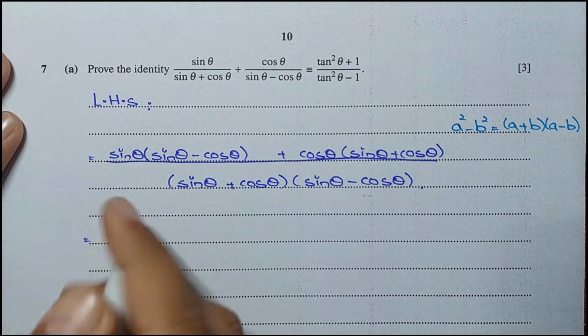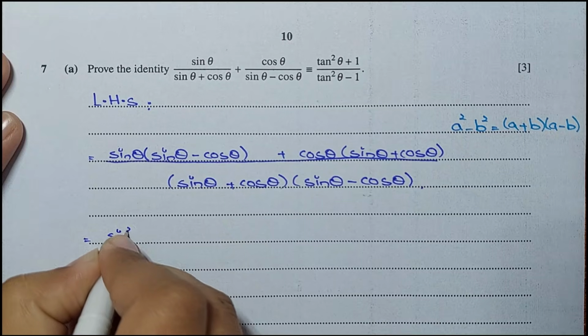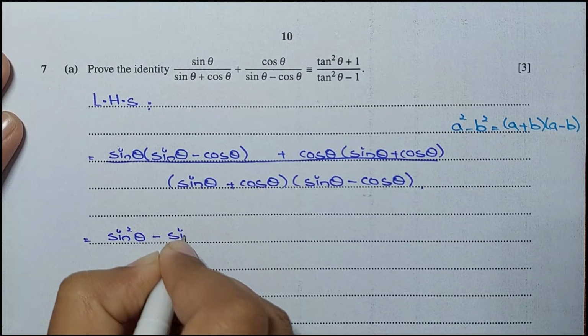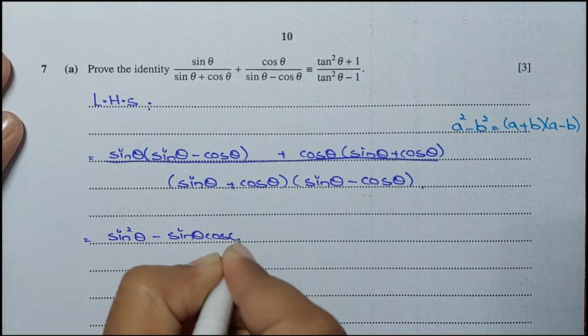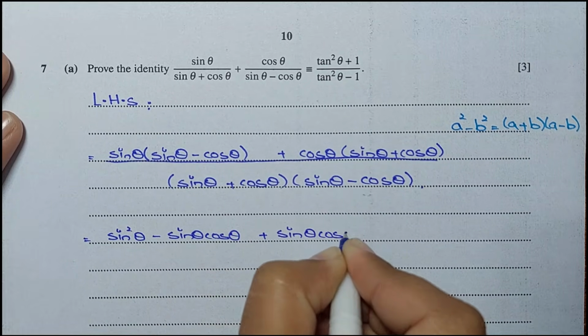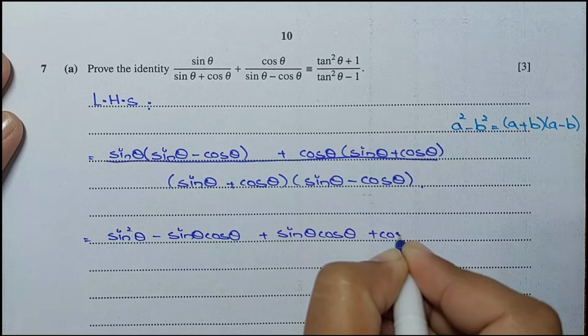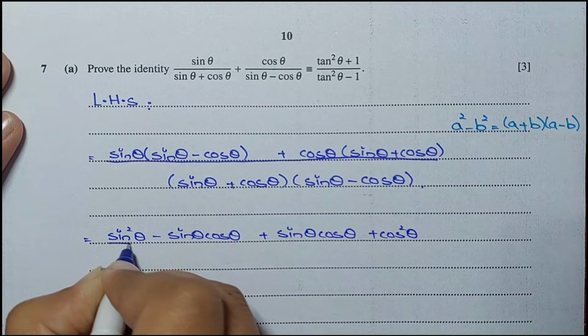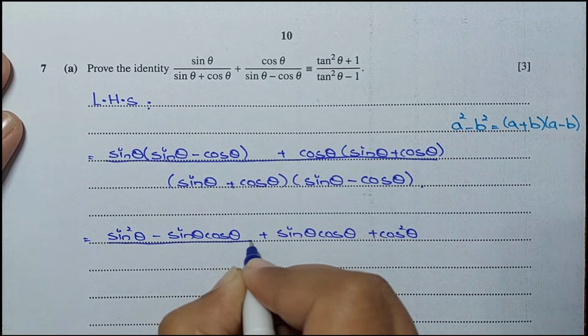Okay. Now multiply sine with sine, sine square theta minus sine theta cos theta plus sine theta cos theta plus cos square theta.